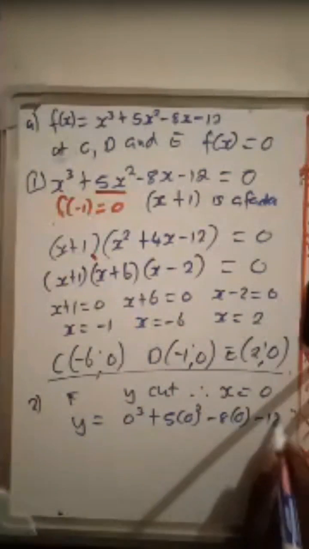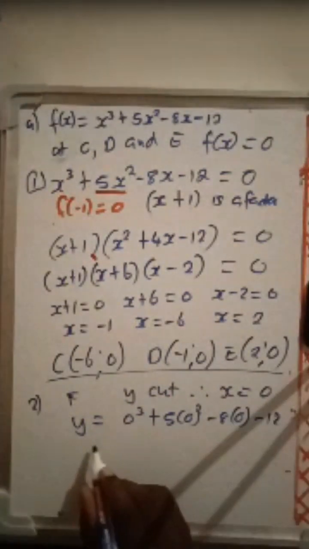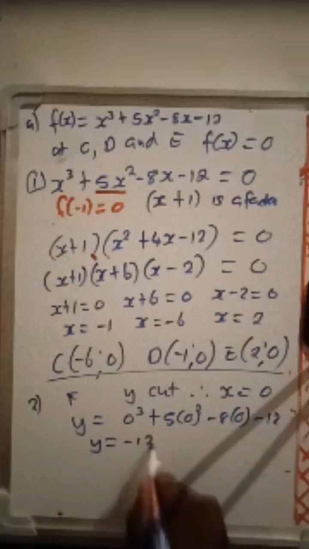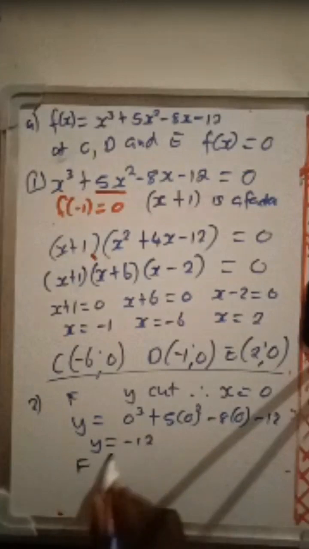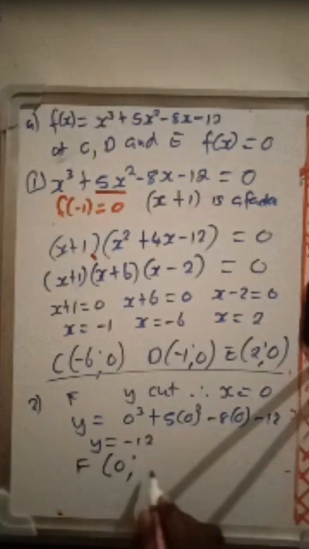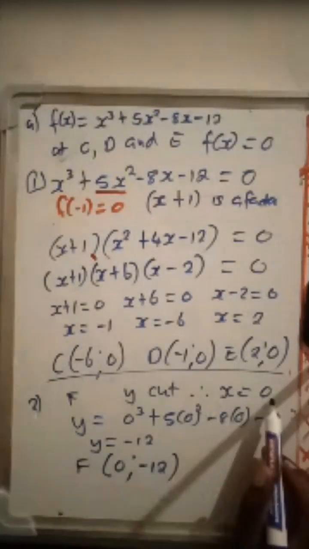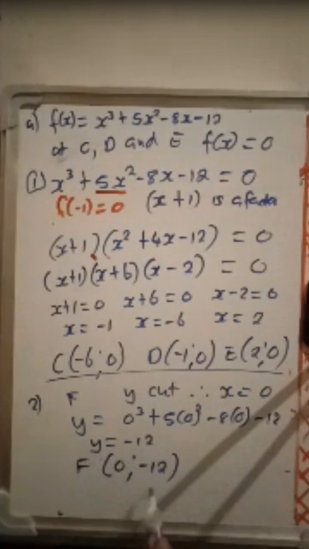So y is going to be negative 12. So F has coordinates 0, negative 12. 0 because it's the y-intercept, then the value of y there is negative 12.